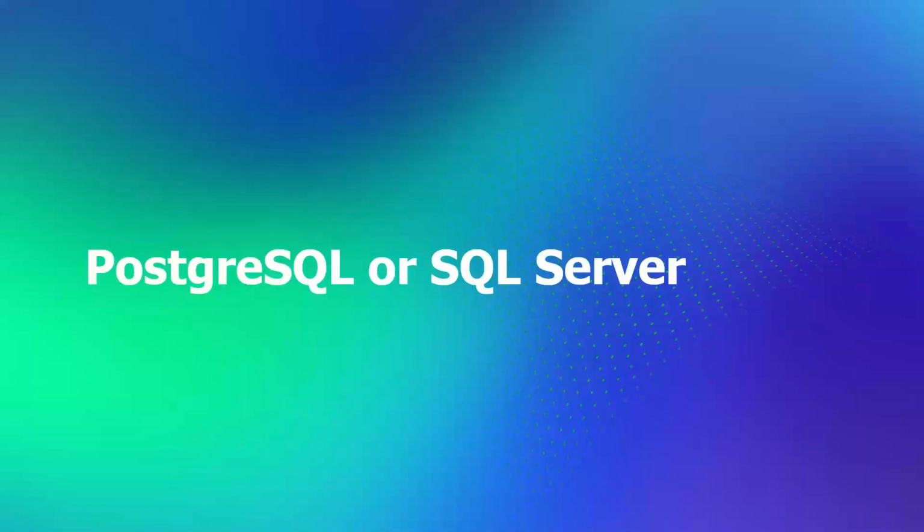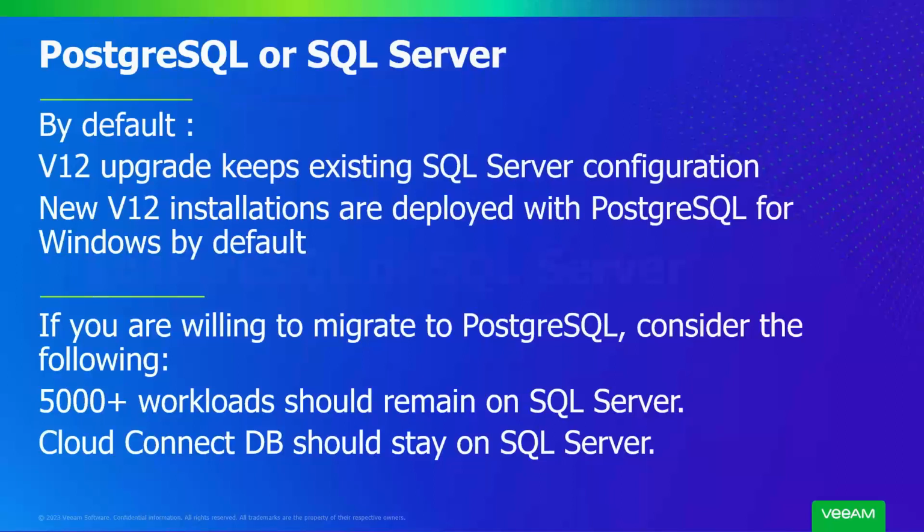Now, what about the platform for the database? As many of you know, we are moving towards a PostgreSQL database. Now it's a supported option with VBR V12. So what are the considerations in that regard? First of all, you shouldn't worry about what happens during the upgrade, because the upgrade wizard will keep the existing version in place.